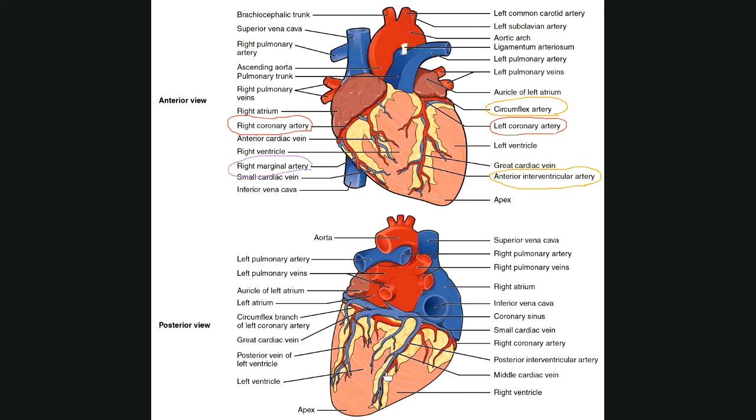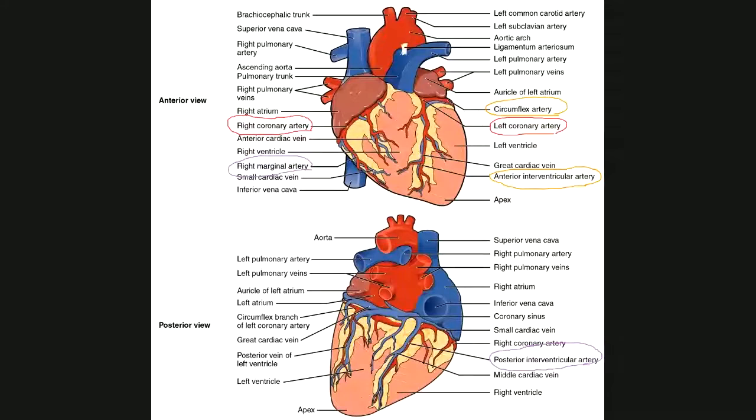And this branch is called posterior interventricular artery, as you see it here. So we have many coronary arteries in our heart, but you only need to know the names of the ones which I highlight here for you.